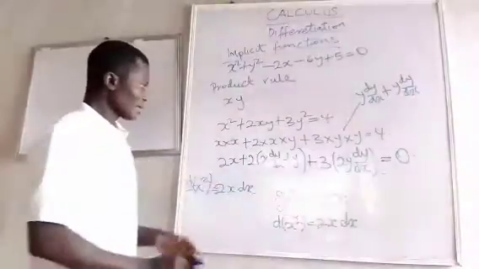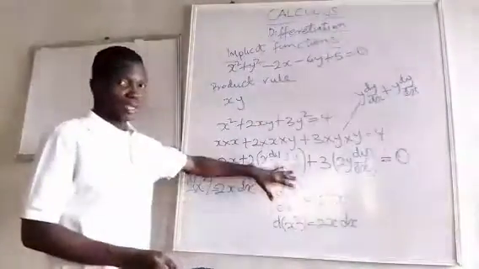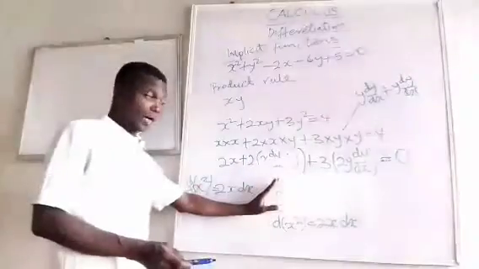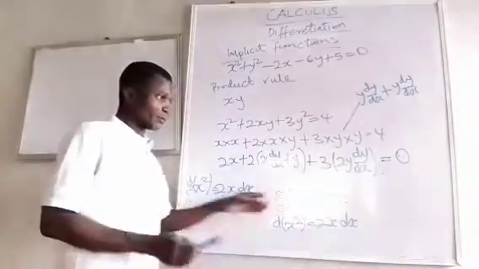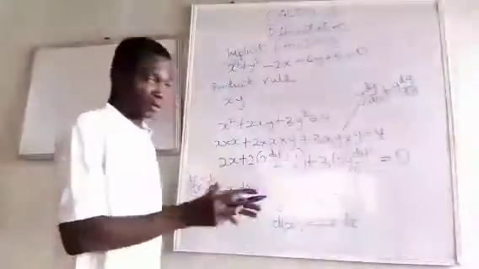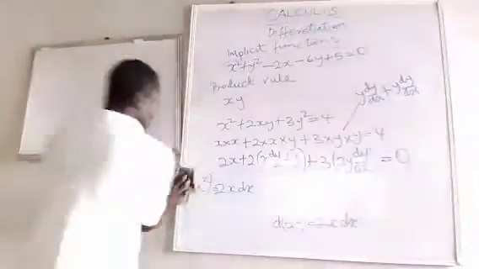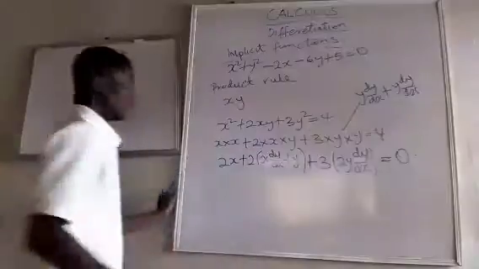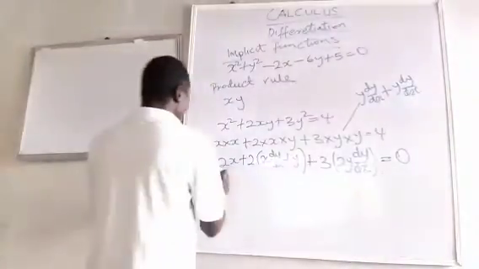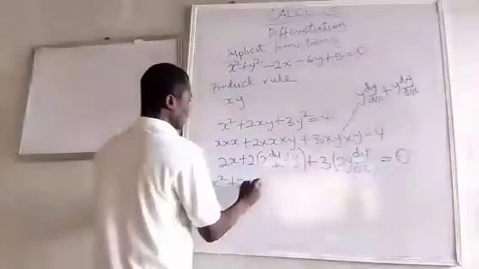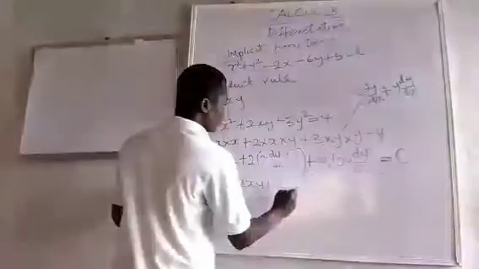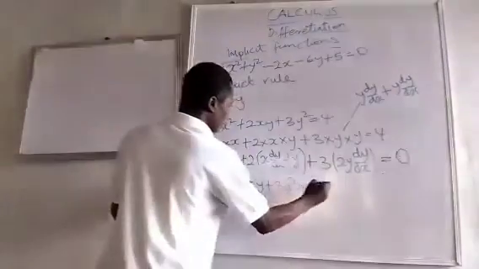Now, I just want to give you a hint. If you are confused, don't put this one in your test or exam. It's just for your practice. Over time, you will get used to it and be able to write it down straight. Let me just tell you what I do. For this kind of expression, x squared plus 2xy plus 3y squared equals 4, what I do most times is this.